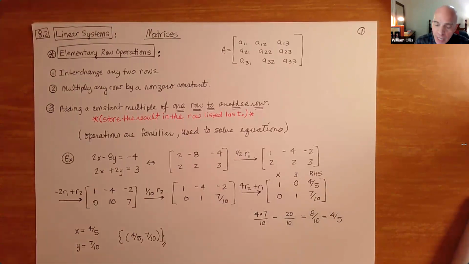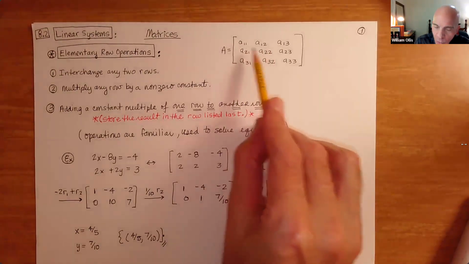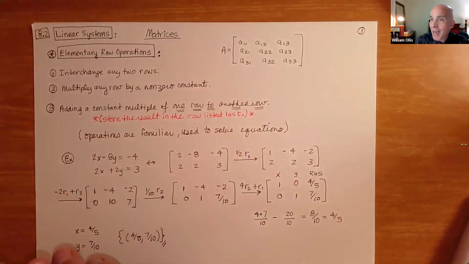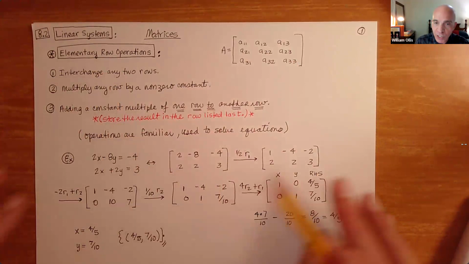And so if we consider a row of a matrix to represent an equation, then we can apply those techniques to the matrix. We call these the elementary row operations.